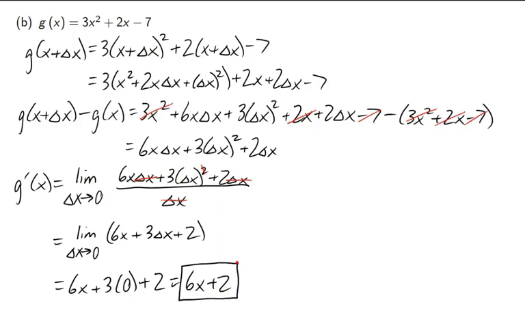Now that one is probably not quite as obvious for you guys to see, but what it turns out is that the slope of the tangent line of this quadratic graph is a linear function. As the quadratic function x values get larger, the slope gets larger, which I think you can imagine by looking at the graph.